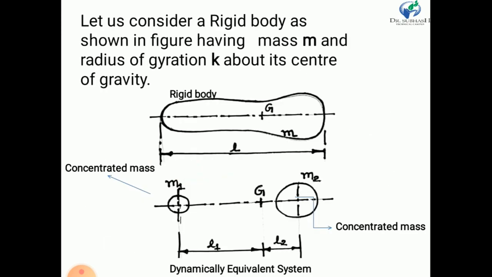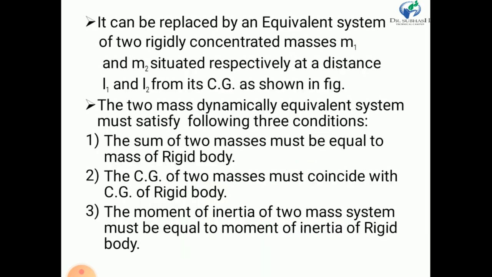That means if this is m1 mass and this is m2 mass, then m1 plus m2 must be m. Another one is that the center of gravity of the two masses must coincide with the center of gravity of the rigid body. That means both systems, the rigid body and the equivalent system, have the same center of gravity.